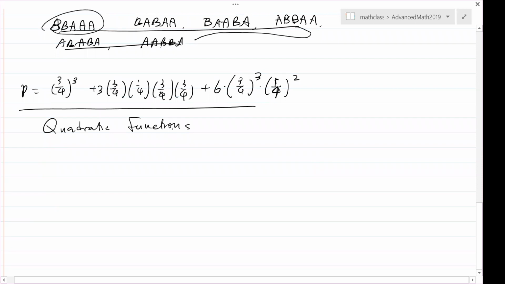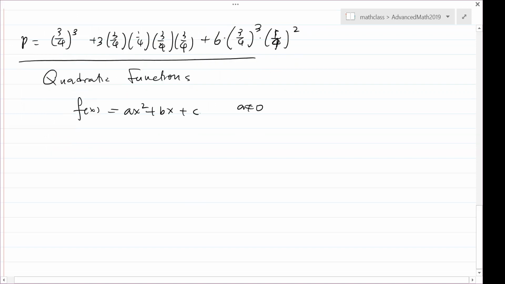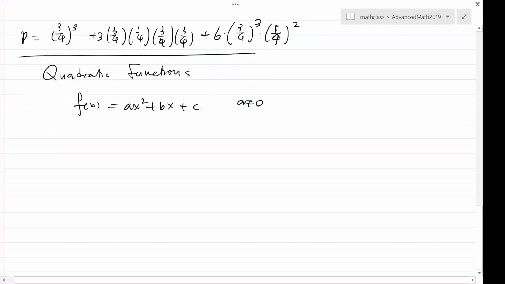A quadratic function is a function whose expression is written in the form ax squared plus bx plus c, where a is not 0, otherwise it's called a linear function. A function described by a quadratic expression is called a quadratic function. For the quadratic function, the first thing we can talk about is the graph.